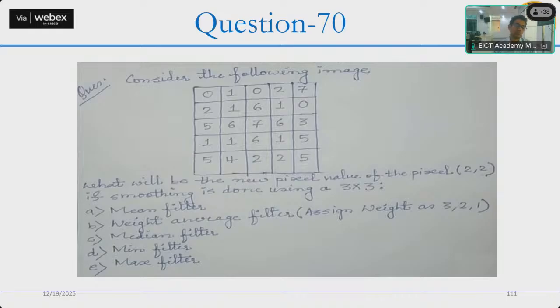So again, see what you need to know. You need to know the mask matrix. What was it in the case of the mean filter? Mean filter.